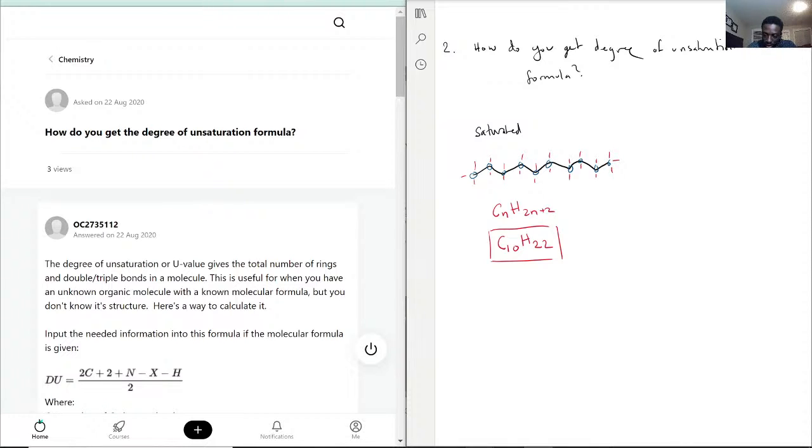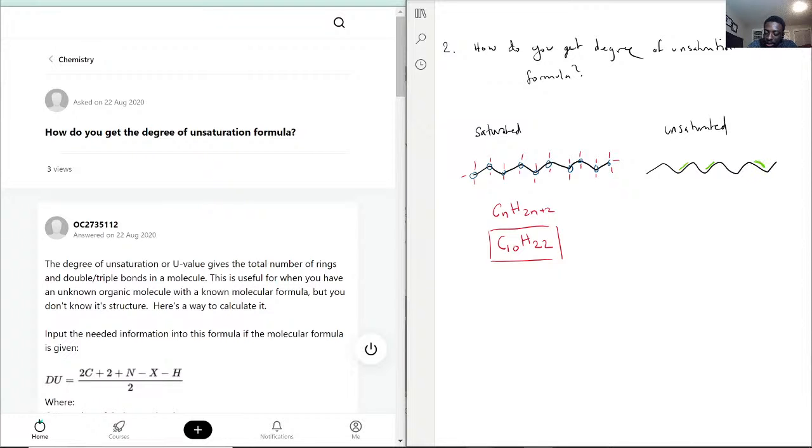So with that, let's actually draw it out. We're actually going to use the same 10 carbons here, but the difference is that there are double bonds present. It doesn't matter how many, as soon as one shows up, it's no longer saturated.